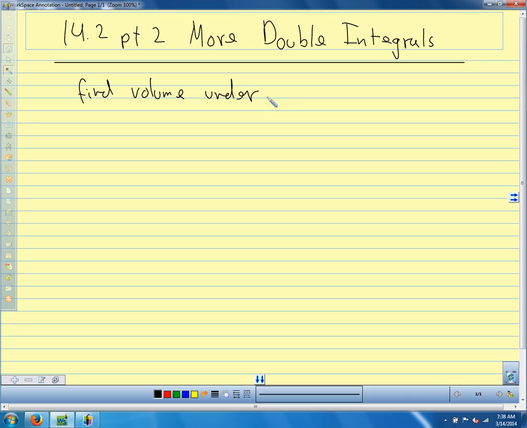We want to find the volume under sine of y squared, and R is our region, bounded by 2y equals x, and x equals 0, and y equals 2.